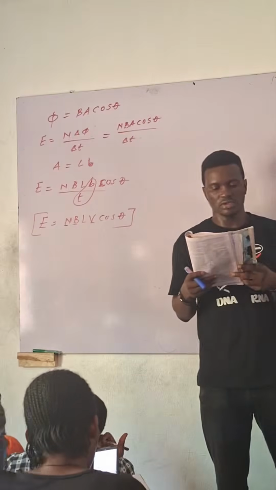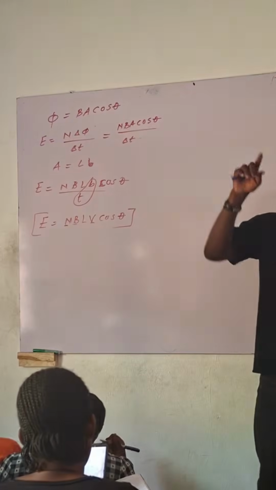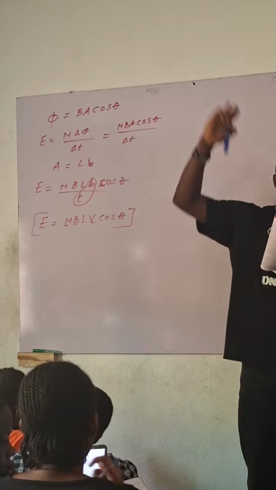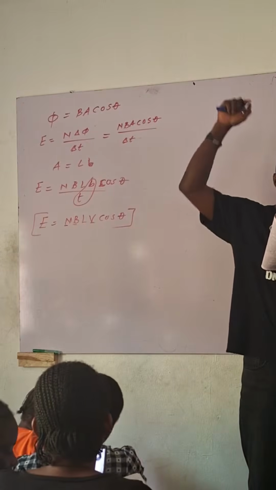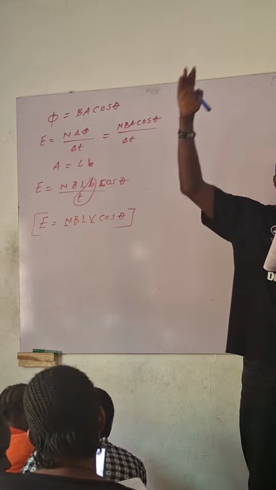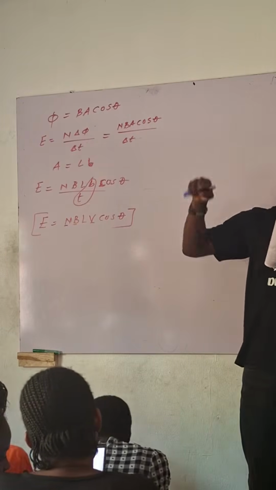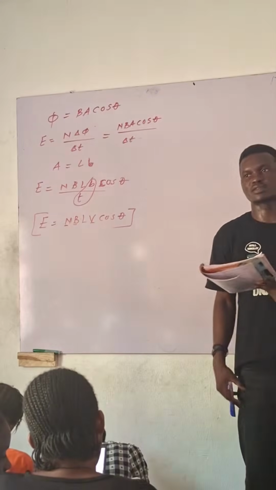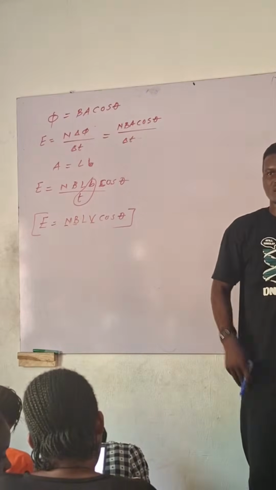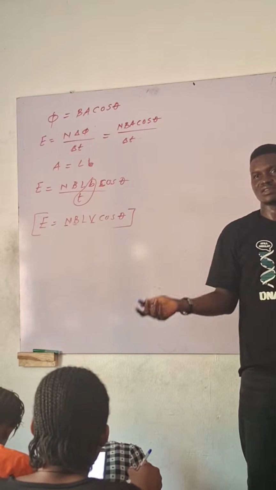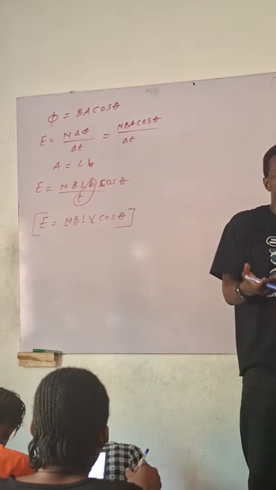Number 3. The electricity from Kainji Dam is transmitted at high voltages, on the order of hundreds of kilovolts, very high voltage. But it is converted to domestic use of about 220 volts by what? If you understand what they are saying, you will not be confused.